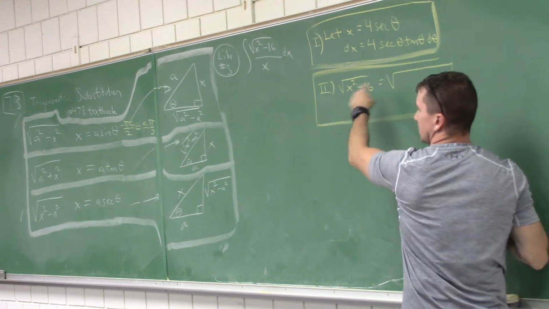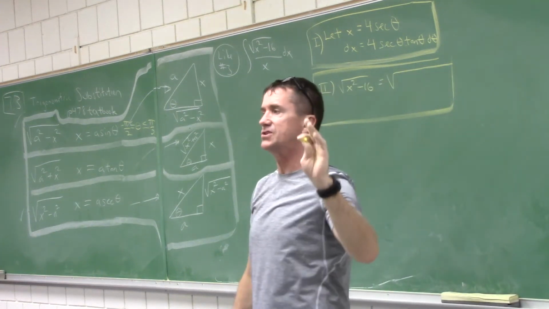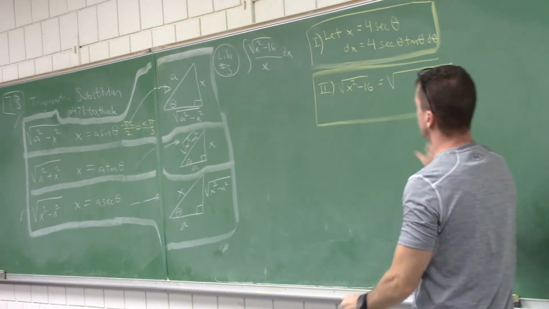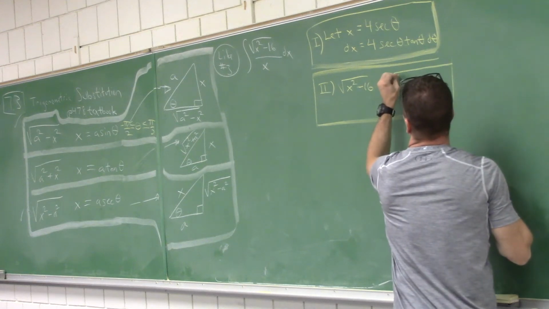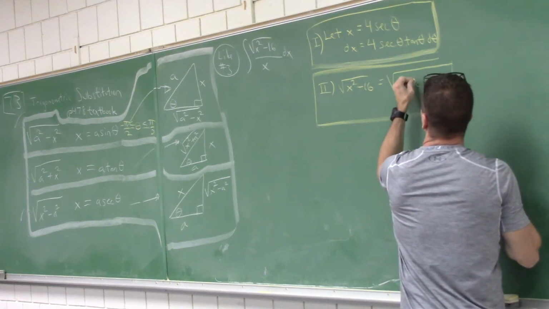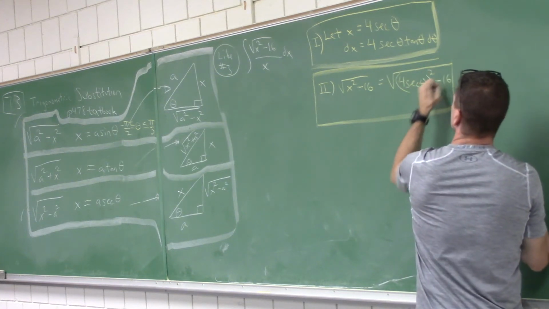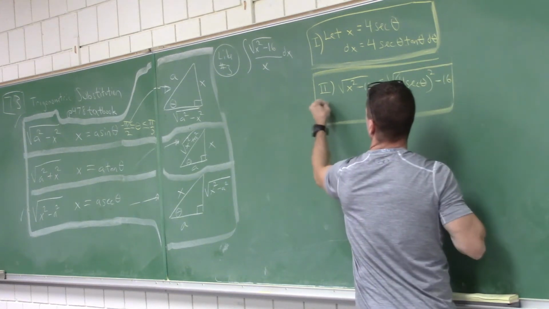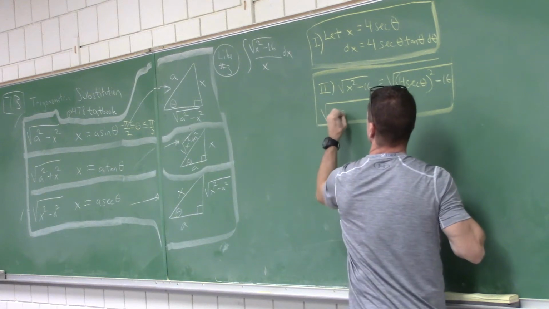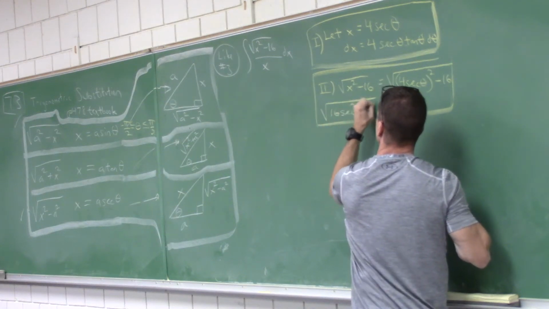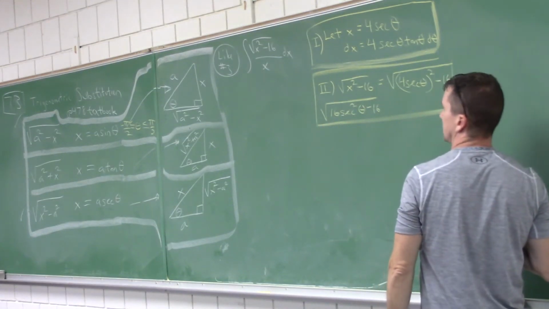Some of you, I know these first ones I'm doing every step. I bet during tests, some of you can do 3 or 4 steps in your head. This becomes the square root of 4 secant theta squared minus 16, which becomes the square root of 16 secant squared theta minus 16. Can you factor?